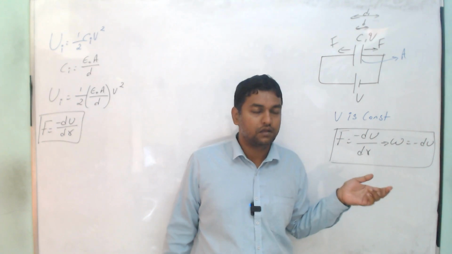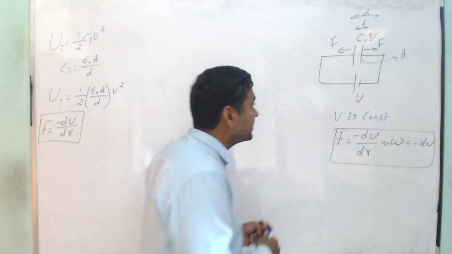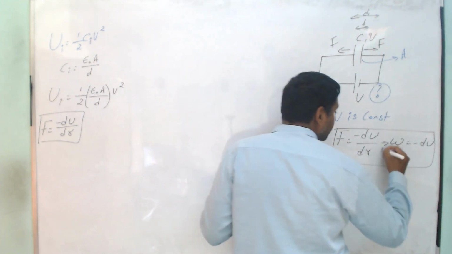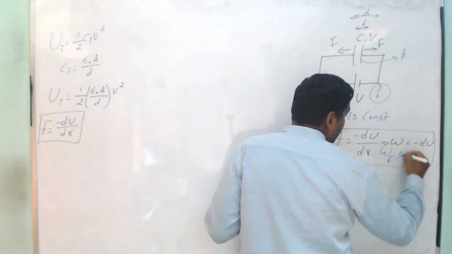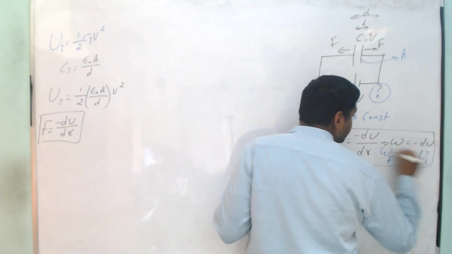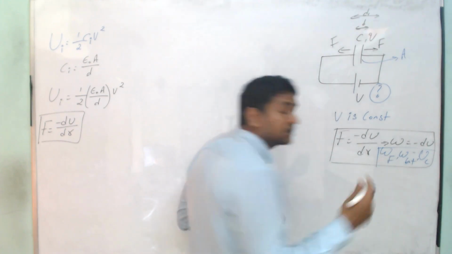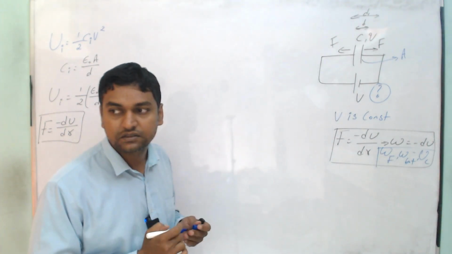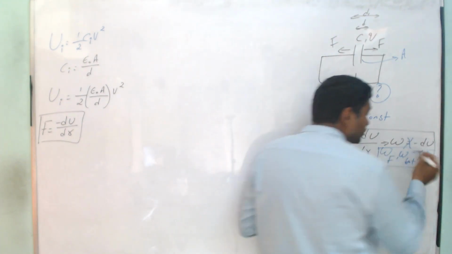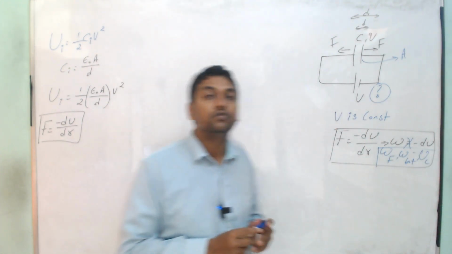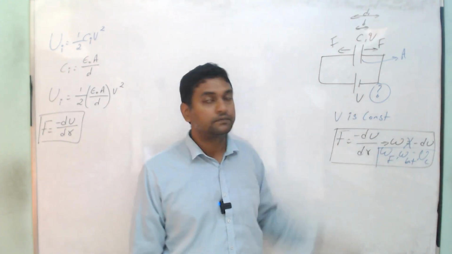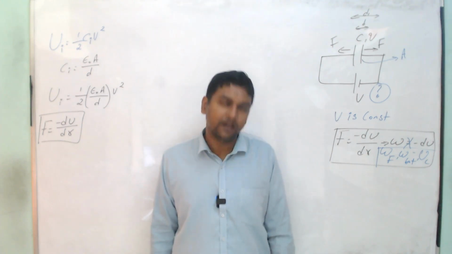Then what is this battery doing? You have work done by the external force, you have work done by battery, and you have potential energy of capacitor. Three things are there, not two things. Work done by the force cannot be equal to minus dU. Here it should be work done by battery plus work done by capacitor.